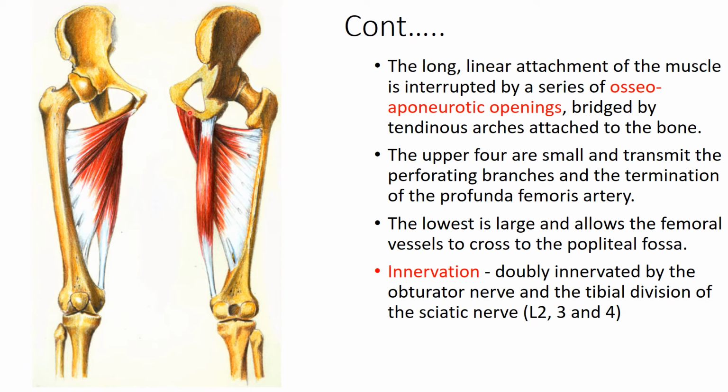From the inferior portion, from the ischial ramus, they insert into the linea aspera in sequence, the broader portion, and those from the inferior pubic ramus are attached to the gluteal tuberosity.